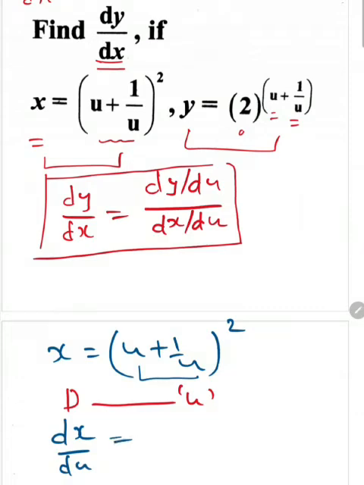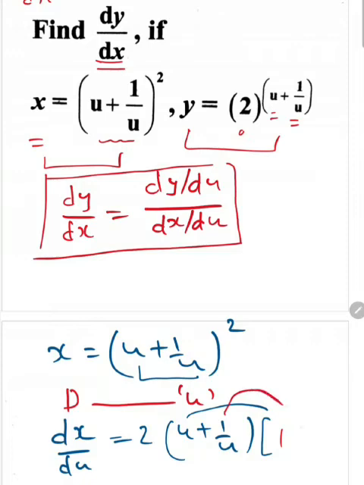Now the right hand side is like x square, so I write 2 times x, so 2 times (u plus 1 by u), and don't forget chain rule, derivative of u I'll take, which is 1, derivative of 1 by u I take, which is like 1 by x, minus 1 by x square, so 1 by u will be minus 1 by u square.